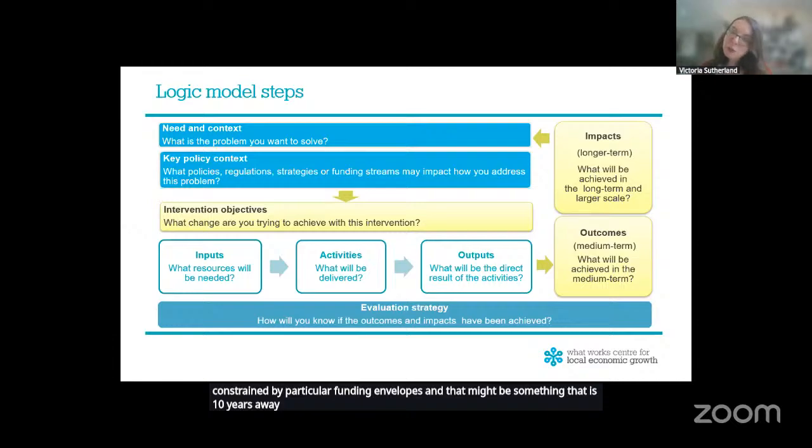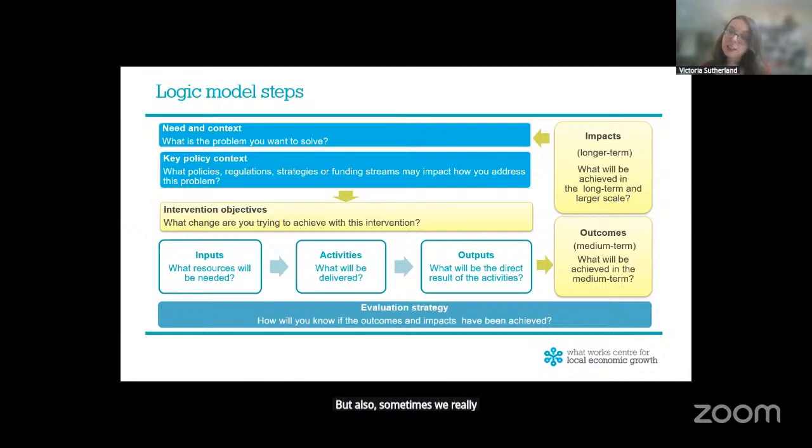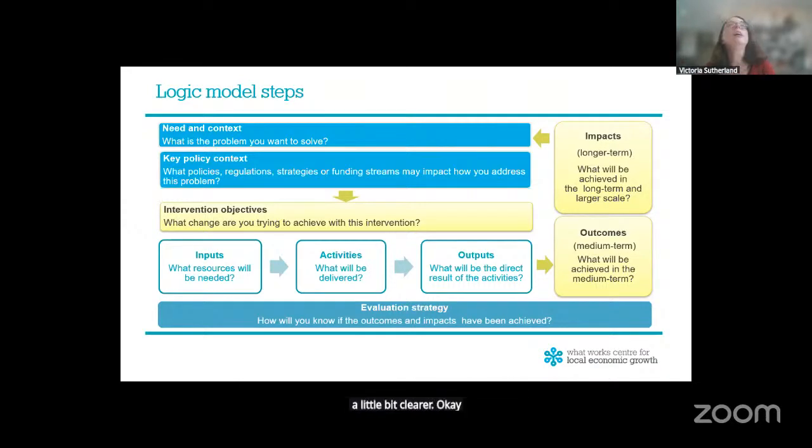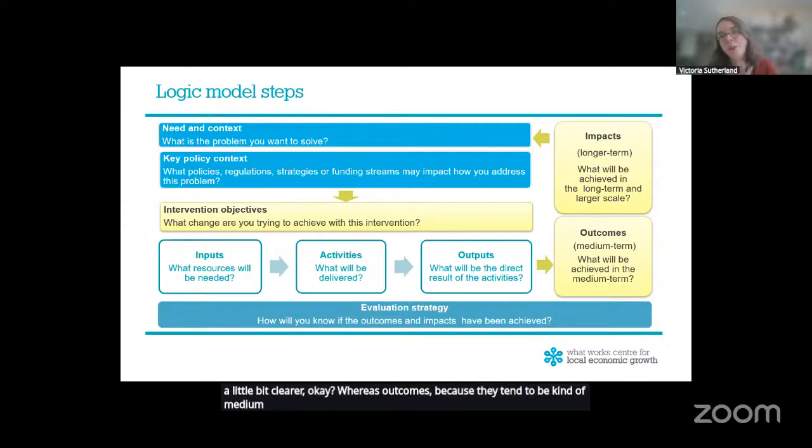But also sometimes we really have challenges in terms of attributing the contribution of our intervention to that impact. And we're going to look at an example in a minute where I think that will become a little bit clearer. Okay, whereas outcomes, because they tend to be medium term and they're a lot more connected to the intervention, it's often easier to be able to capture the data and to understand the impact that we've had.